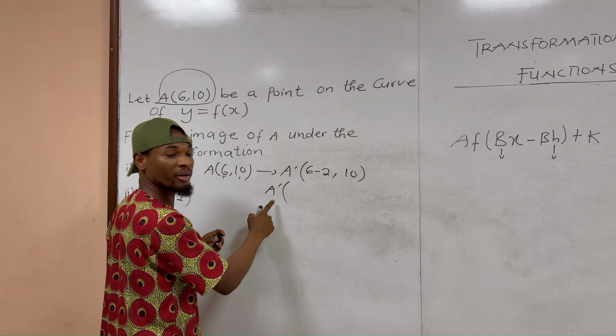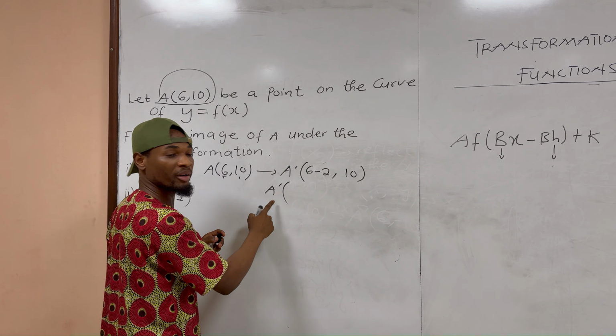Then I have 6 over here. Because we are moving to the right, horizontal shift to the right by a unit of positive 2. It's positive, so we have to add it, okay? Then comma, I have my 10. So I have A prime. That's the image of A becomes 8, 10.